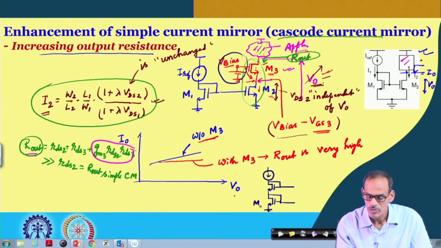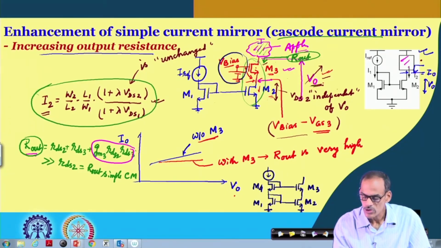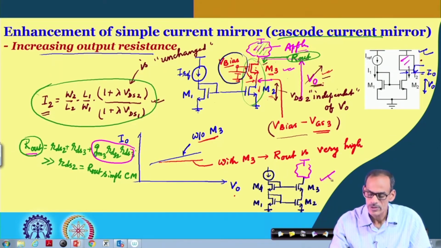This is M1, which is biasing M2 here, and then we have M3 here. M3 is getting bias from this fourth transistor, which is also diode connected, and of course, on top of this we have the application circuit. So, this is a very common circuit.